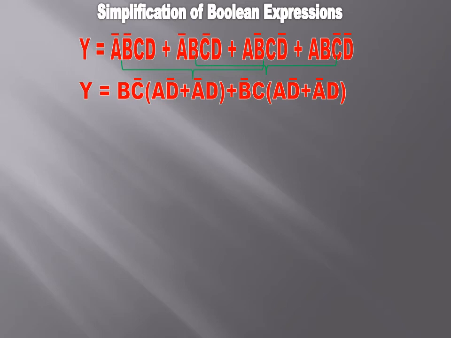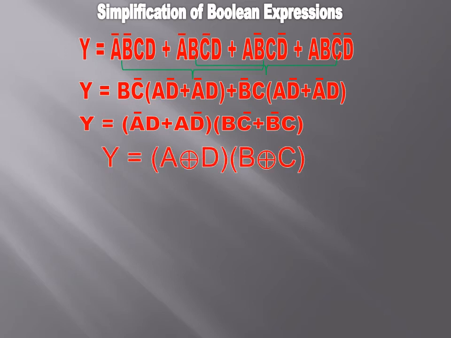Then the expression is like this, and if we now take A D naught or A naught D common from these two terms, we get two terms in AND. But what these two terms indicate is an exclusive OR operation. So the representation can be very simple.